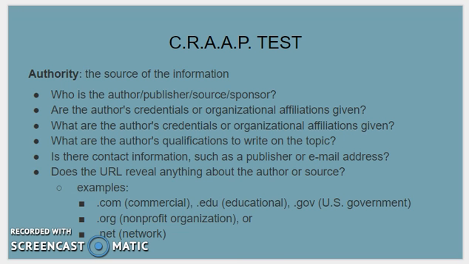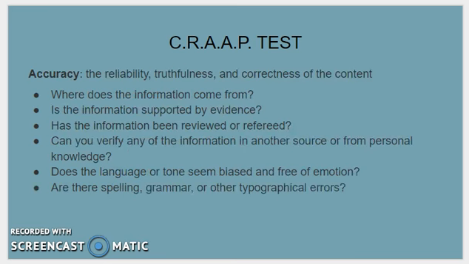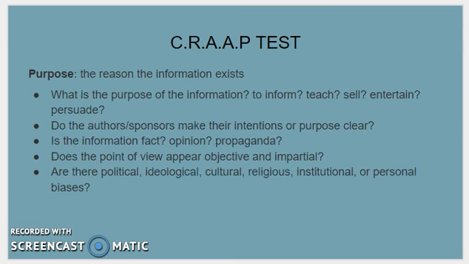Authority is the source of the information. Accuracy is the reliability, truthfulness, and correctness of the information. And purpose is the reason for the information.